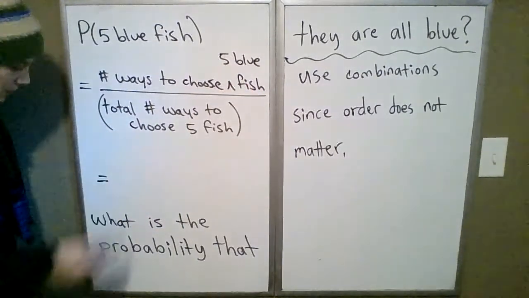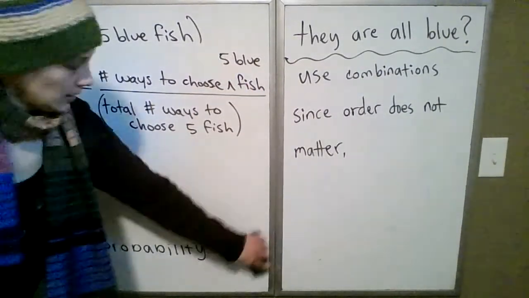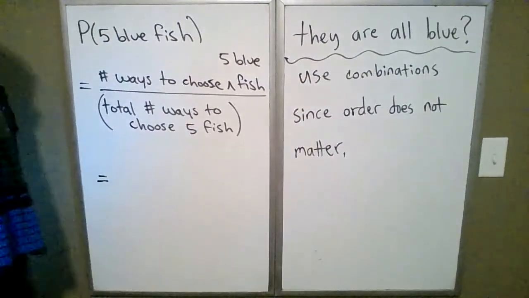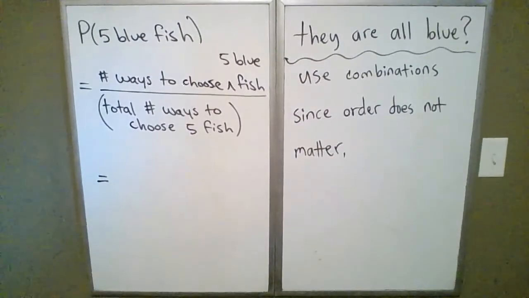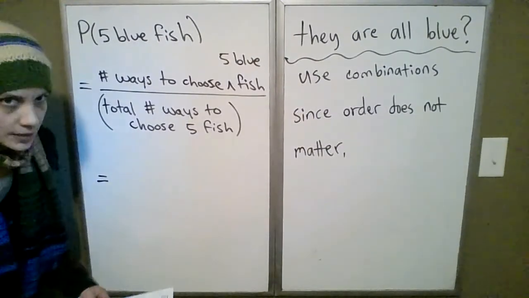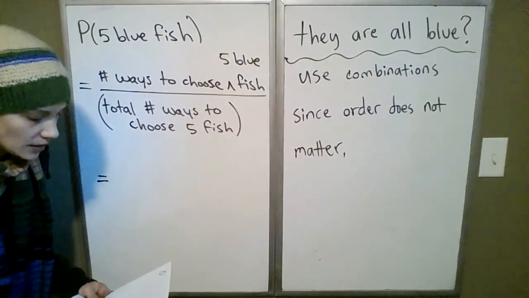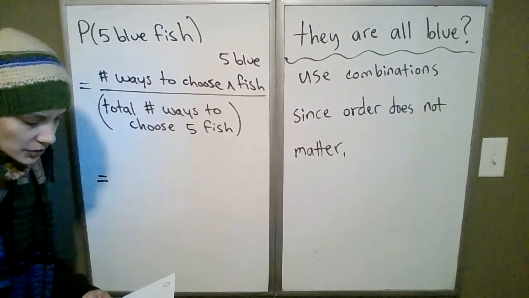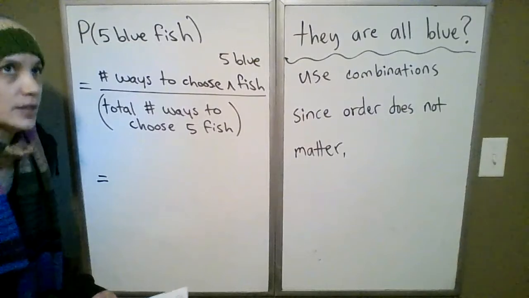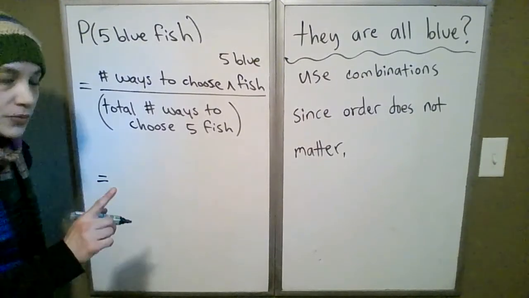Okay. Go back to the problem. Reading through it again: 20 fish in this pond. 12 of the fish are blue. So out of the 12 blue fish, I'm wanting 5 of them. So 5 out of 12, we're choosing 5.